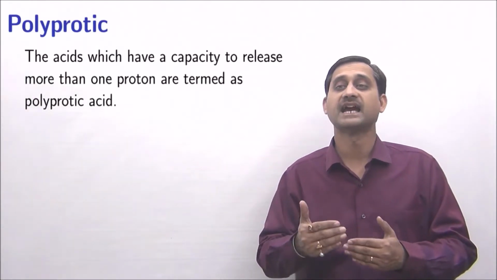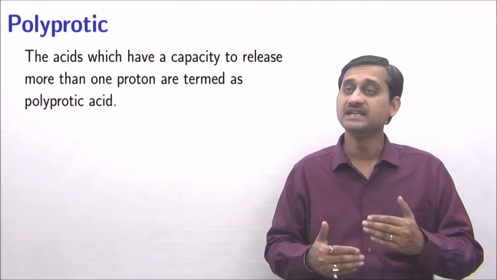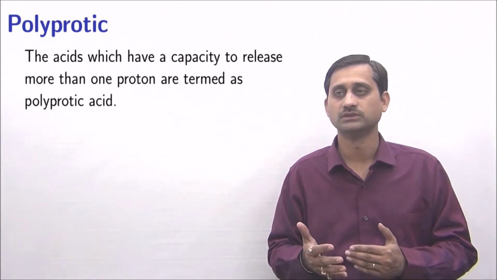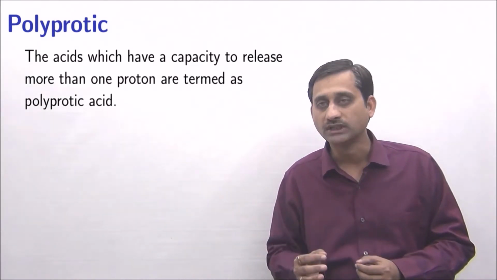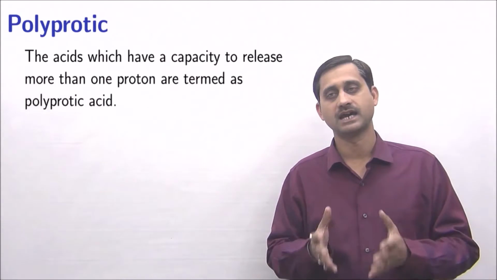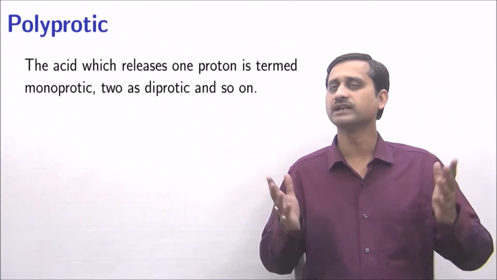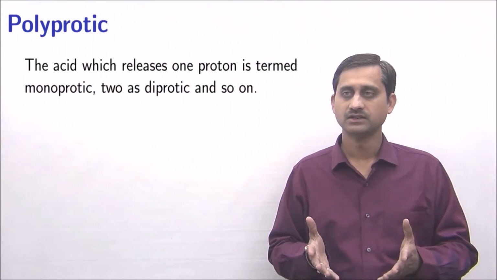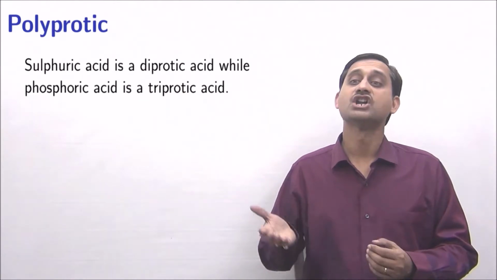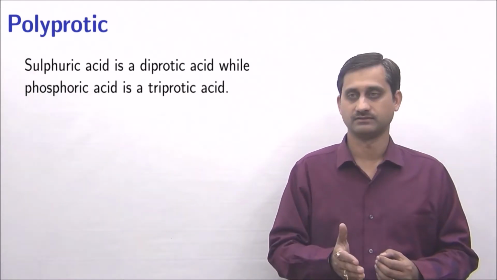These acids, which have more than one proton that can be released, are termed polyprotic acids. Sulfuric acid is a diprotic acid, while phosphoric acid is a triprotic acid.